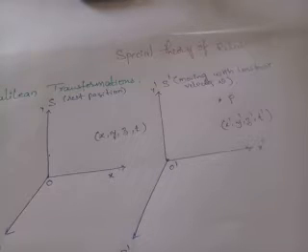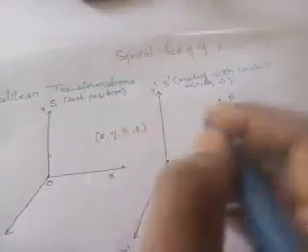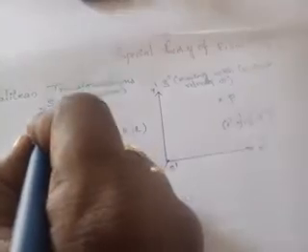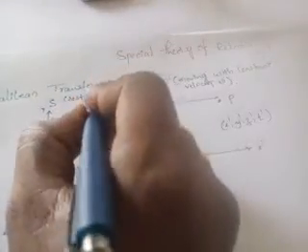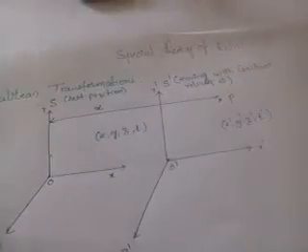Okay, so by using these coordinates, to make the relationship between these coordinates as simple as possible, let us choose our axes so that x and x dash are parallel to v. See there, the distance from S to P can be taken as x.